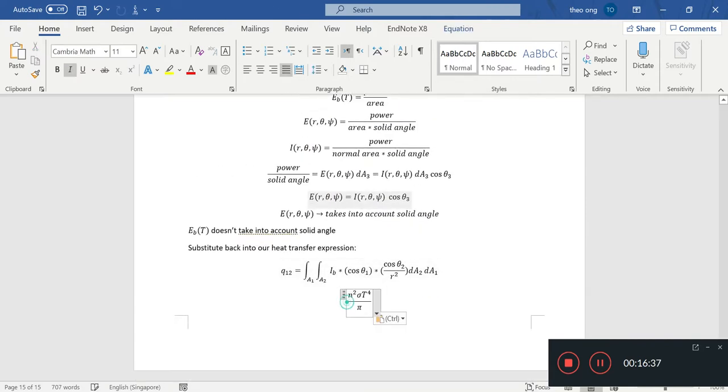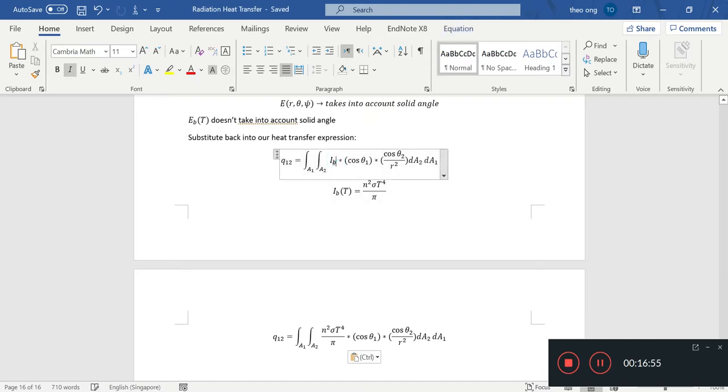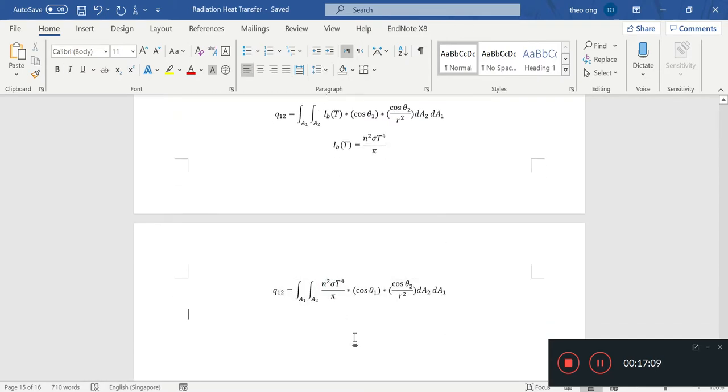We'll substitute IBT equals EBT over pi into here. So this is how we find this little IBT, the black body intensity, in terms of something much more simple, especially for black surfaces. So now we know how to find out our little IBT.